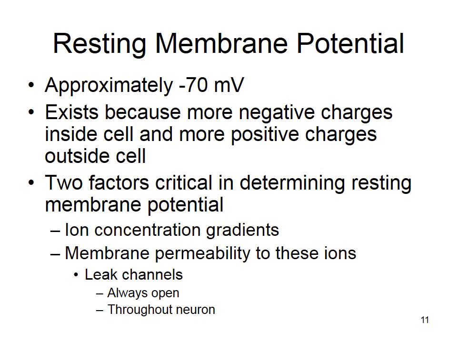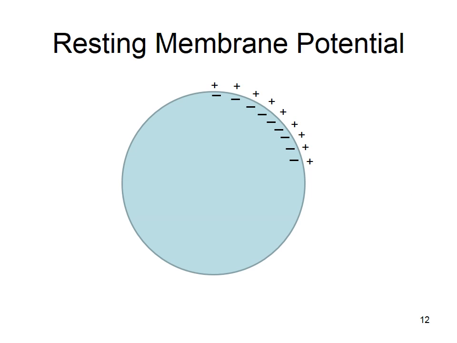Potassium. Exactly. Our cells are permeable to potassium at rest because of those leak channels that are always open. We're going to draw our cells. Go ahead and make a circle. Put positive on the outside, negative charges on the inside.